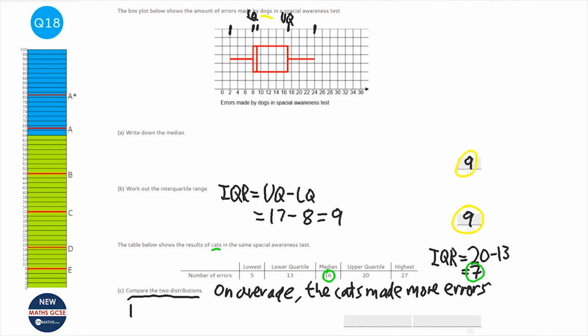So I would say something like the spread of the errors was larger for dogs.